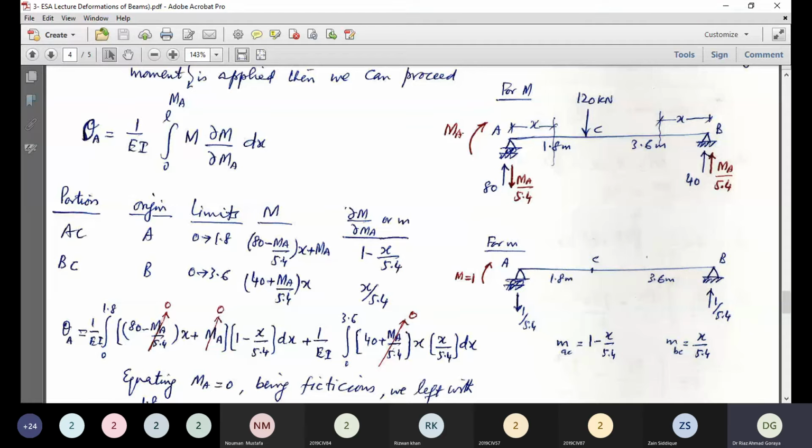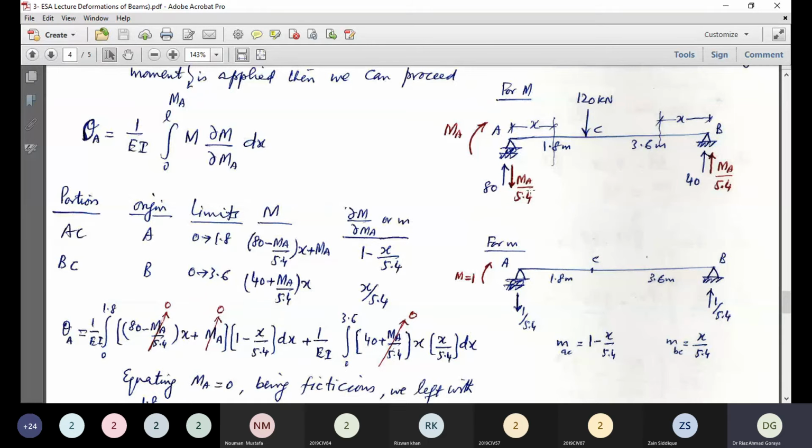Now due to this moment MA, two reactions will come. Since it is clockwise, so this balancing moment will be counterclockwise. How much? This MA divided by 1.8 plus 3.6, that is 5.4.